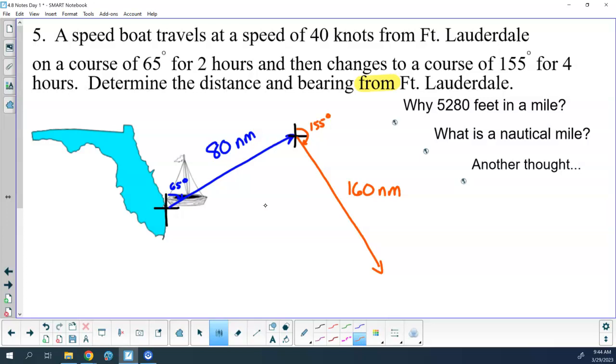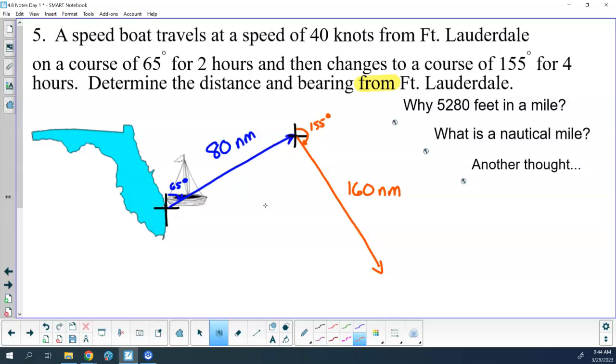But if I'm standing at Fort Lauderdale and I'm the Coast Guard because now they've got a problem, my bearing, my navigation to that boat is different than if I'm the captain of the boat and I want to go back to Fort Lauderdale. Those are not the same navigation angles.